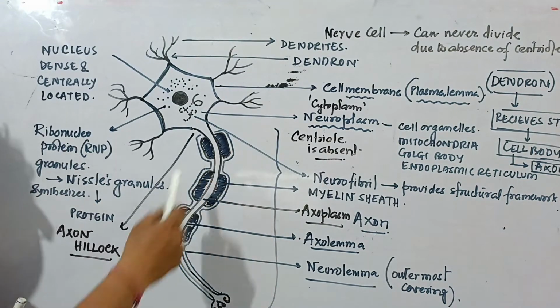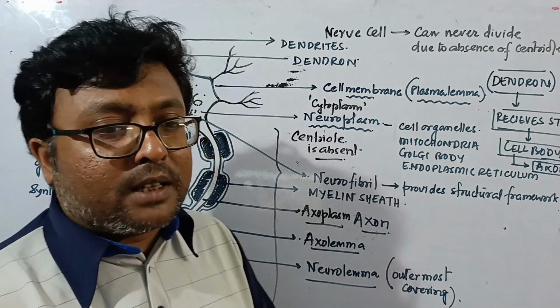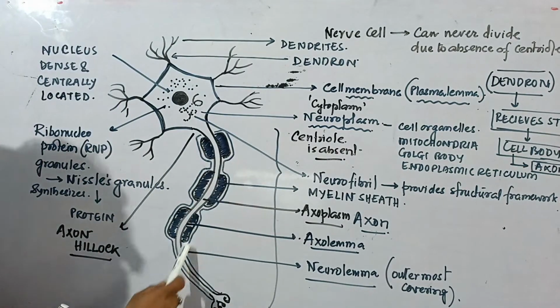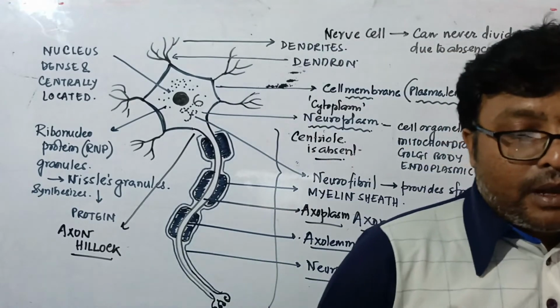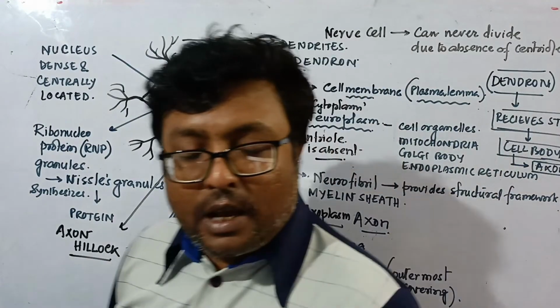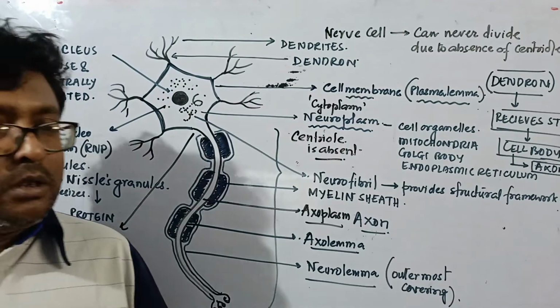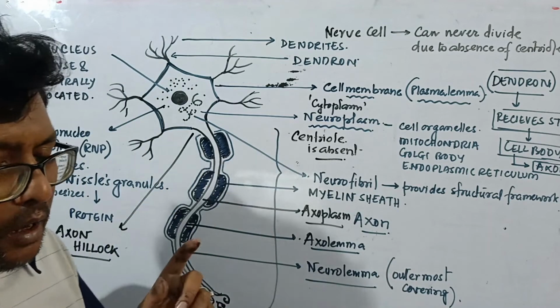Now as you can see, this myelin sheath is not continuous throughout the length of the axon. This myelin sheath is not continuous, it is simply present at regular intervals. The fat gets deposited at regular intervals. It is not continuous throughout the length of the axon.